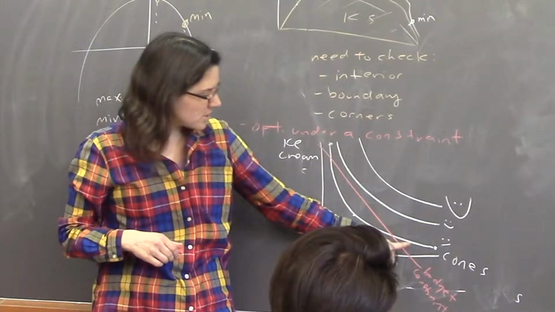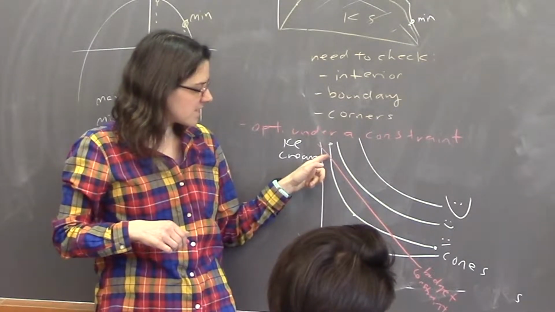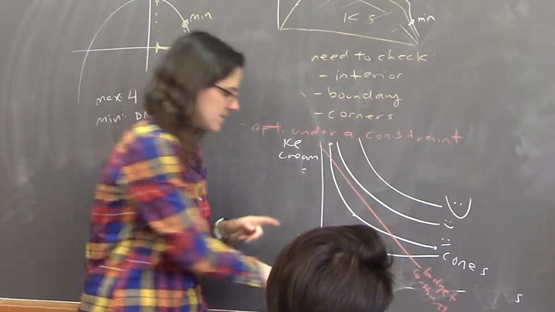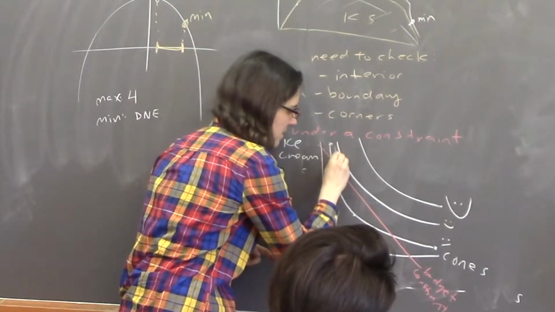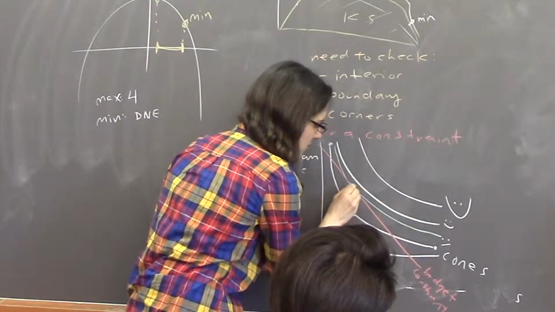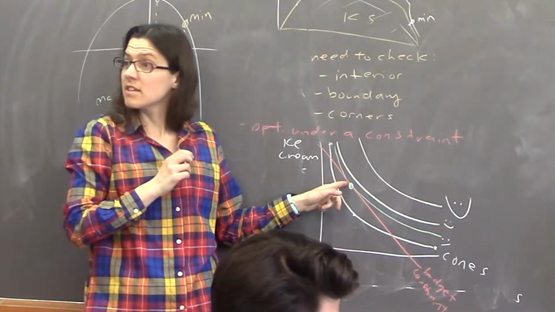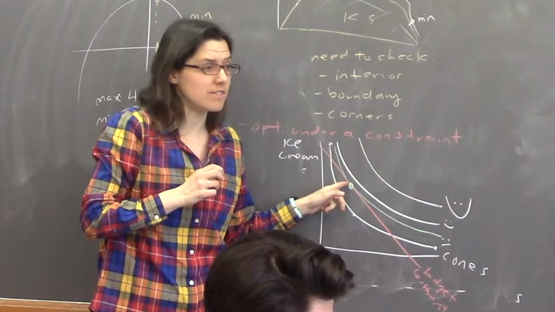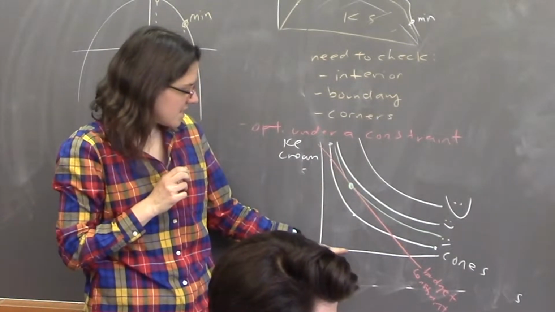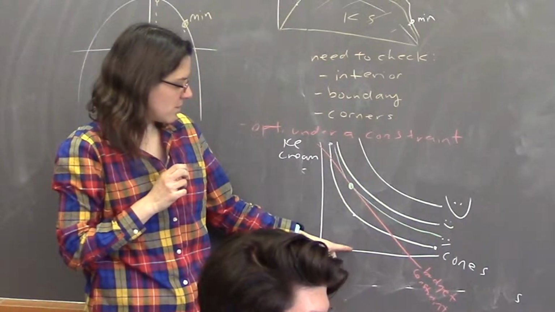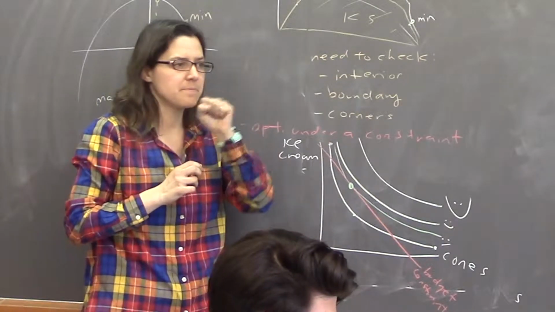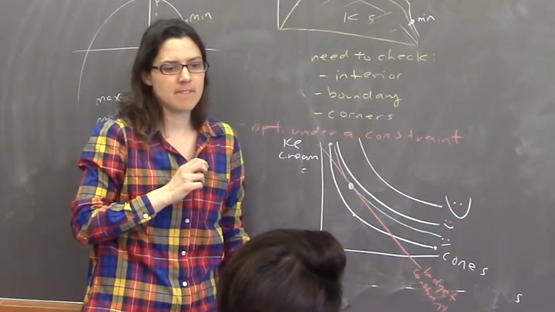You don't want to be on this sad curve or this sad curve. Sorry, you can't make it quite to this one, but you can make one of these intermediate ones. And so it turns out that we want to find a point where these things are tangent. This is what you figured out with the hike, that you want to find the place where things are tangent. See, here you have a lot of ice cream and one cone, so you can just put all your ice cream on your cone and be happy.